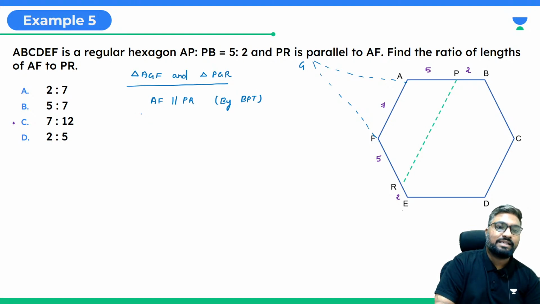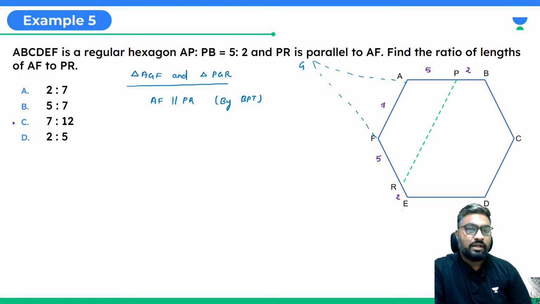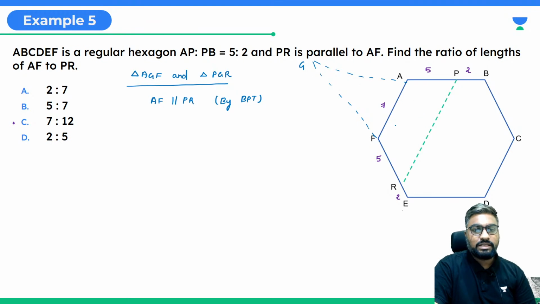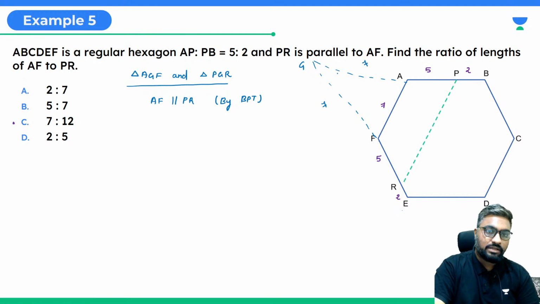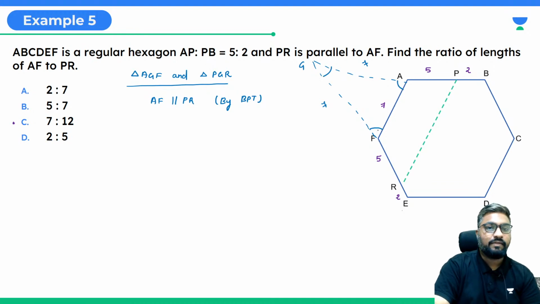If triangles are similar, then what will happen? Moreover, this will become an equilateral triangle, right? So this is 7, this will also be 7. So ultimately these angles will become equal. Yes, equilateral triangle.